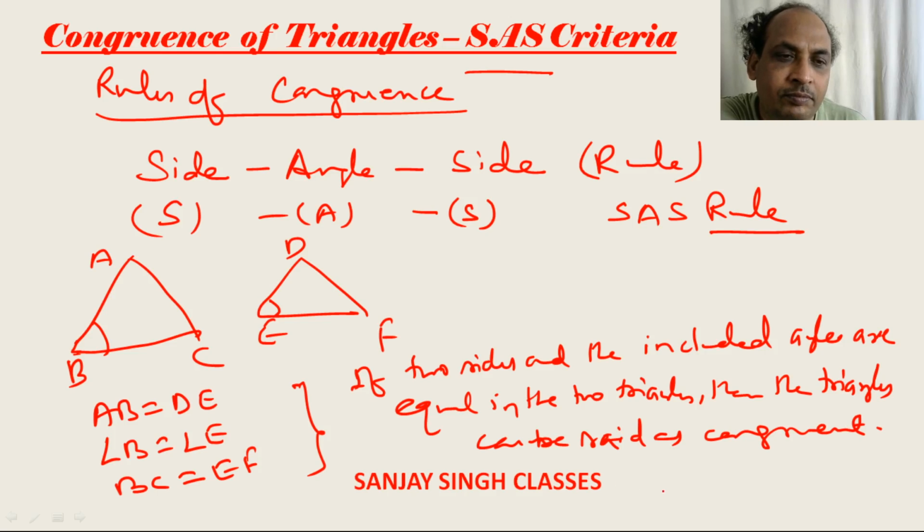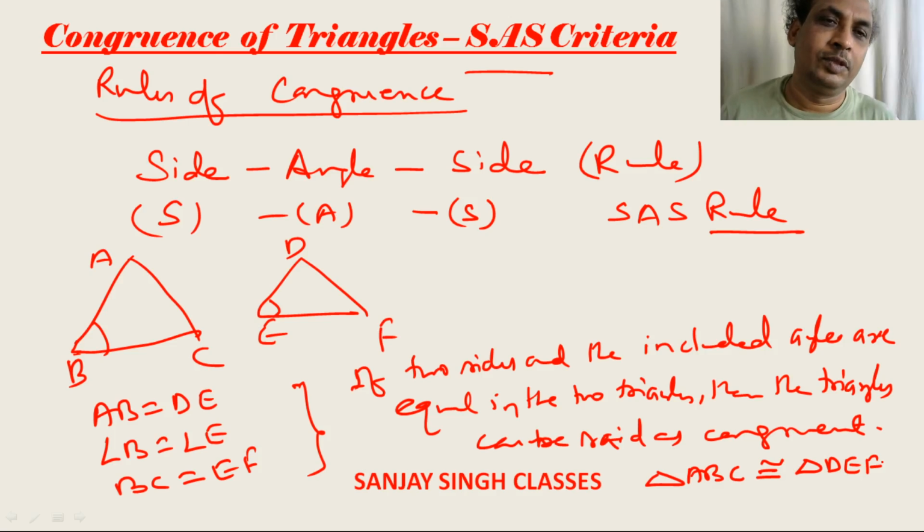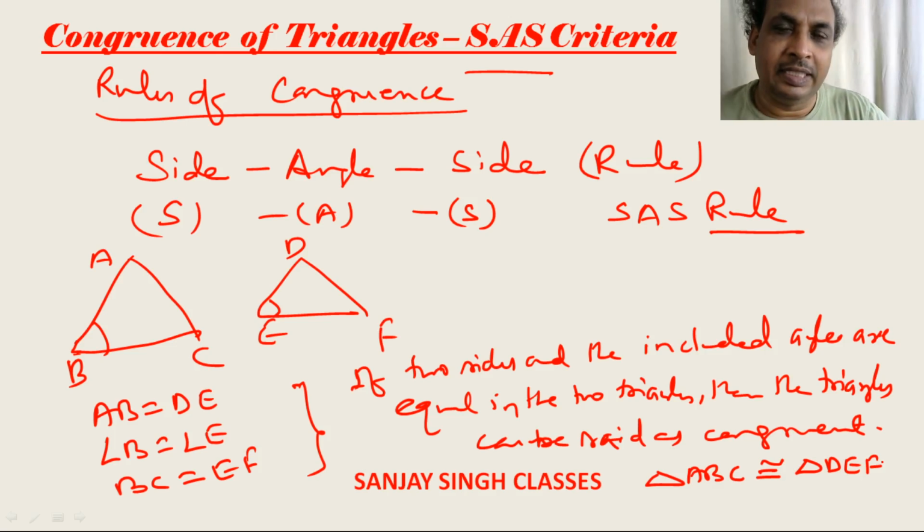So you can say that triangle ABC is congruent to triangle DEF. Right. So this is the SAS criteria.